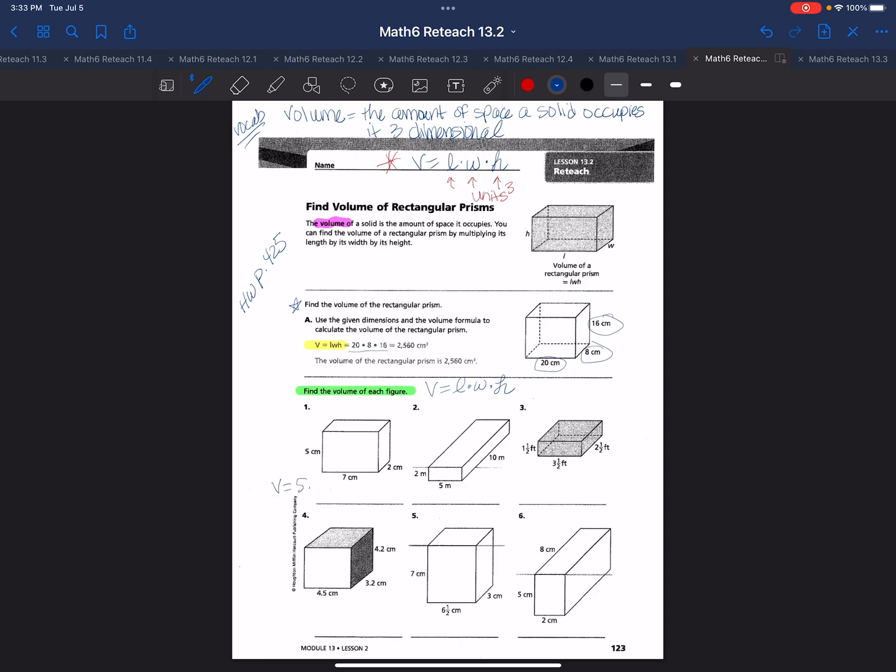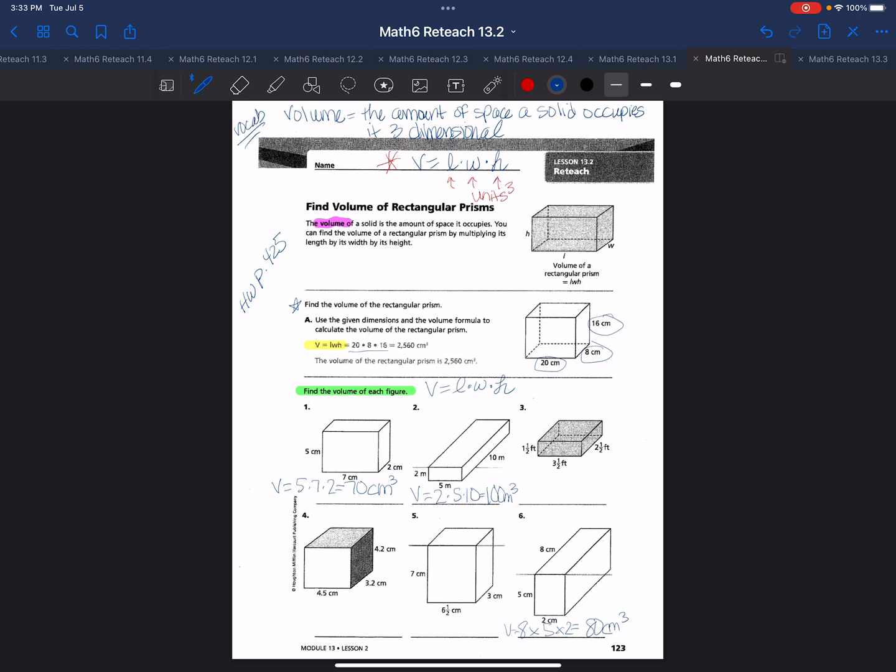It's 5 times 7 times 2, which is 70 centimeters cubed. The next one, 2 times 5 times 10, is 100 meters cubed. Then number 6, 8 times 5 times 2, is 80 centimeters cubed.